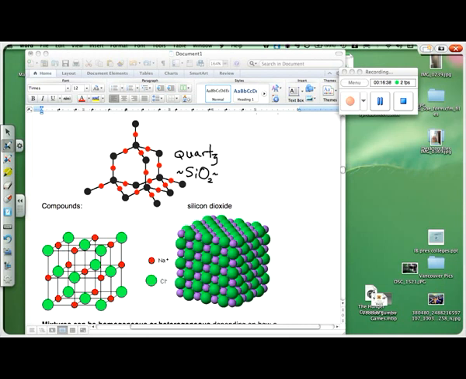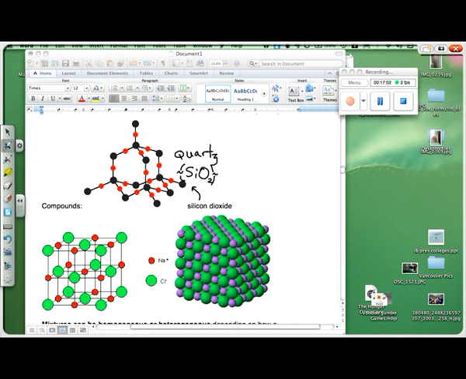It's a network. It's like a formula unit of this ratio, 1 silicon to 2 oxygens. The oxygens are red here, and the silicons are black. Compounds, we have two different types of compounds, and the silicon dioxide goes with this.